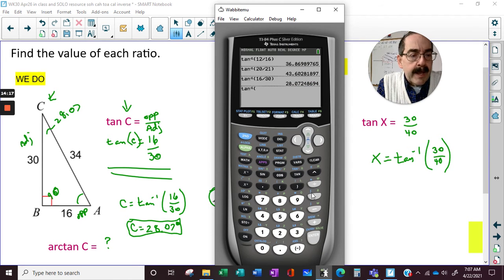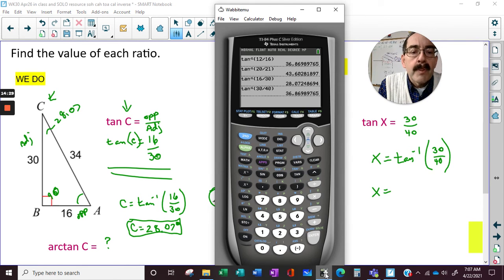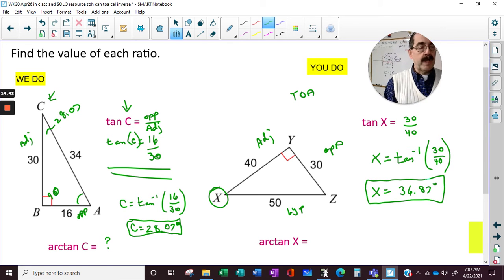Second tan. So we see that -1, 30/40. Close it. Equals X equals 36.869, round up 36.87. I love it. 36.87 degrees.